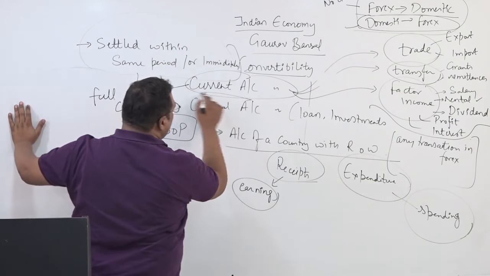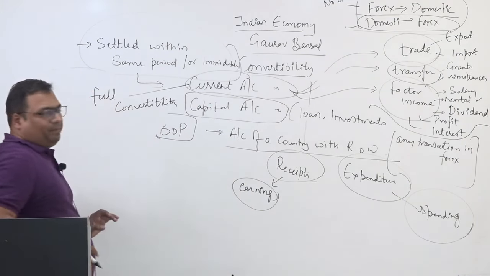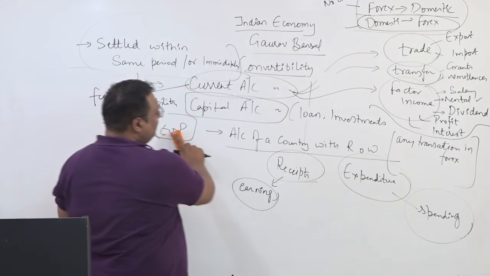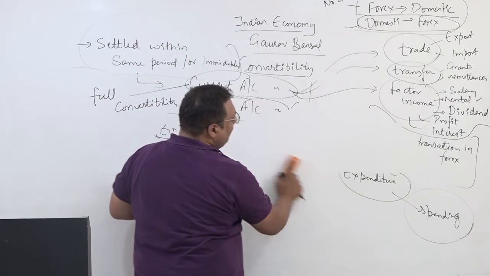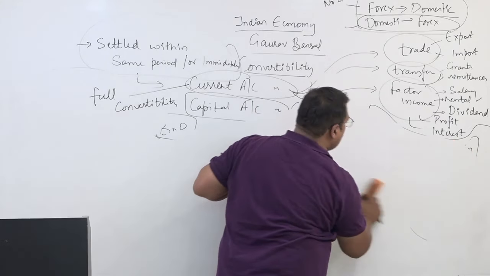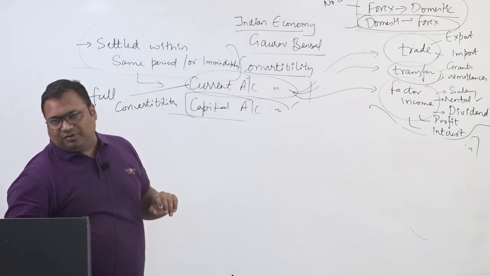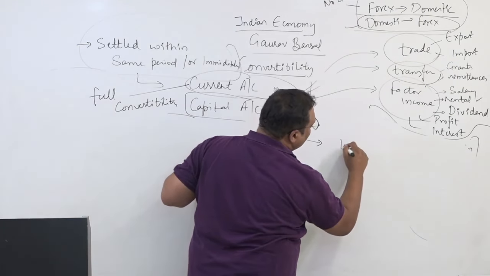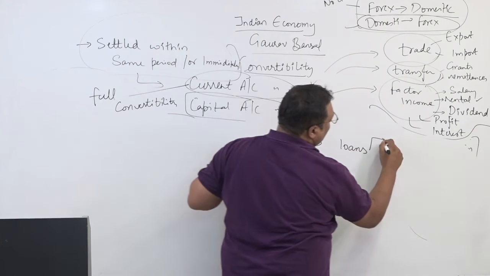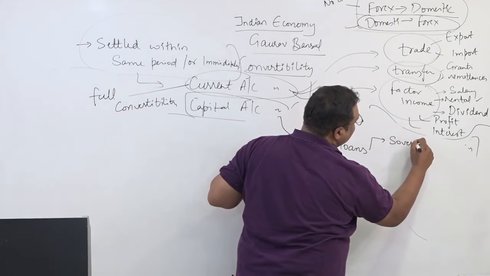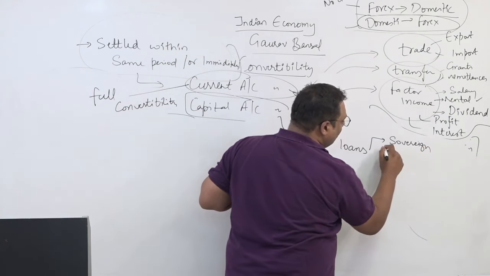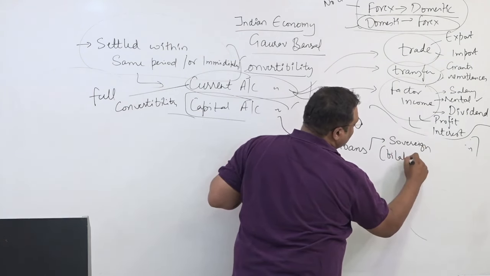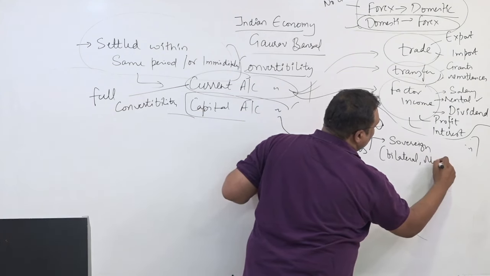Now, when it comes to capital account, there is a little complexity. Now, let us develop the capital account transactions. So, in capital account transactions, we largely have the loans. These can be sovereign loans. Sovereign loans can be bilateral, multilateral.